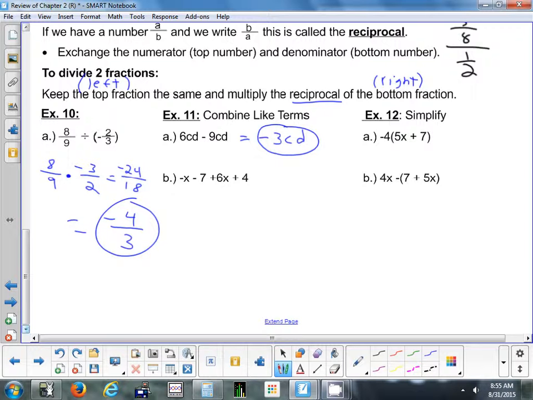Okay, next one under example 11. Here, you might want to identify your like terms first. Some people put a little box around them. You can do it any way you want. Ryan, can you tell me, what are some like terms in this one? 7 and 4. All right, and what sign goes with the 7? What's to the left of it? Negative. Good.